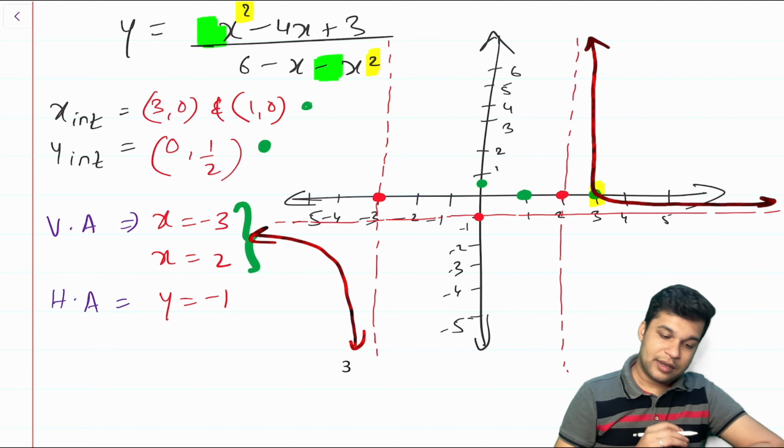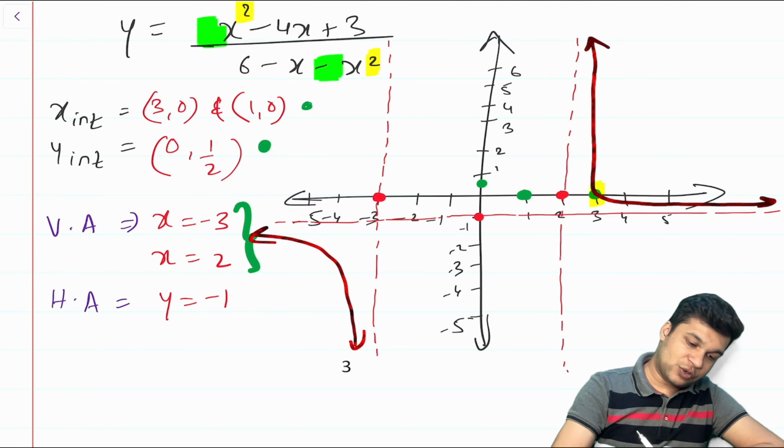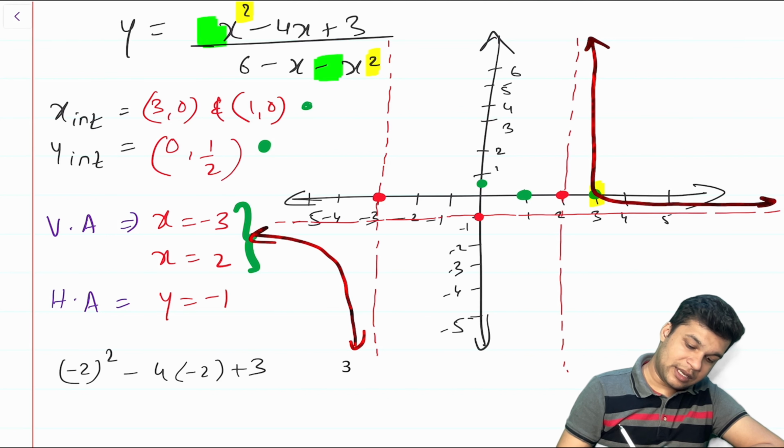Let us find it. If you choose any number between -3 and 0, let's say -2, it will be (-2) whole square minus 4 times -2 plus 3, divided by 6 minus -2 minus (-2) whole square.